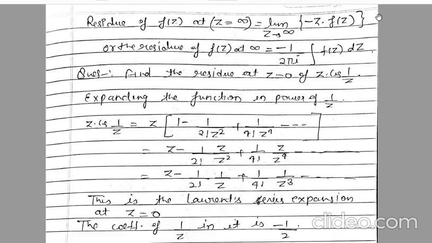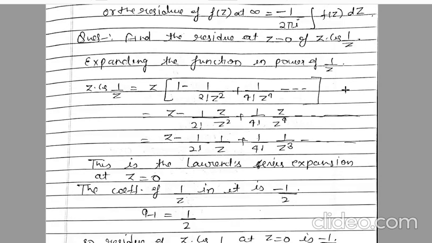That means if you have to find your residue at infinity, you will just multiply by minus z into your f(z), which is your given function, or residue of f(z) is equal to minus 2 pi i integration f(z) dz. So there is an example here, and this example is just for residue at z is equal to 0.